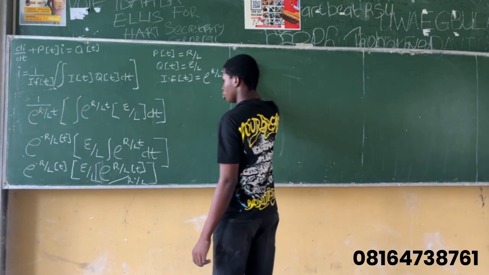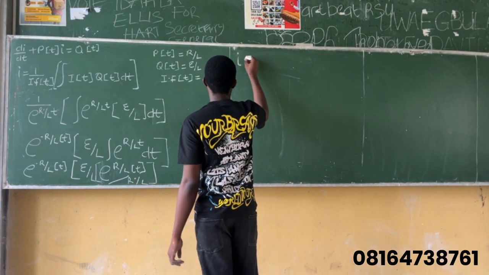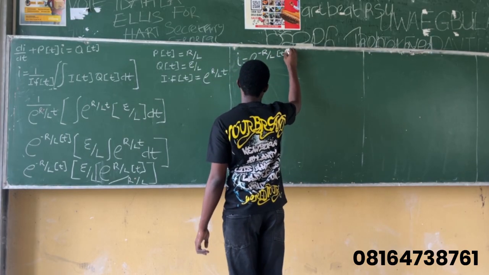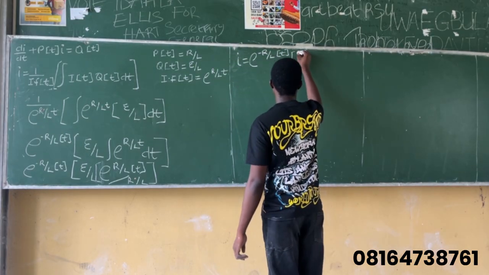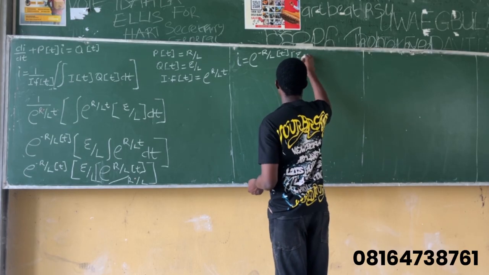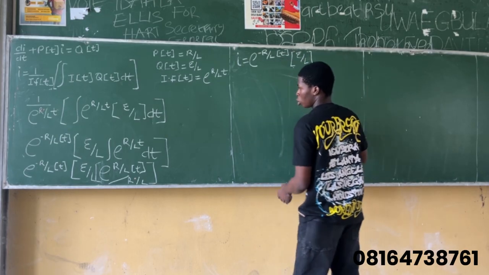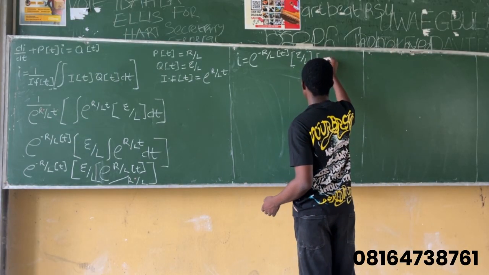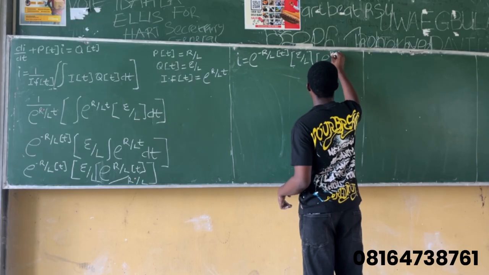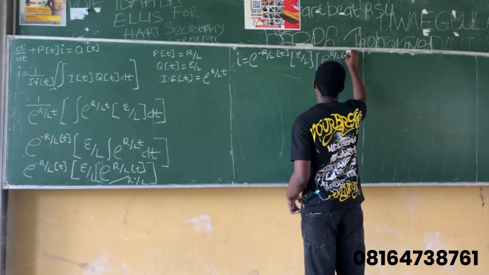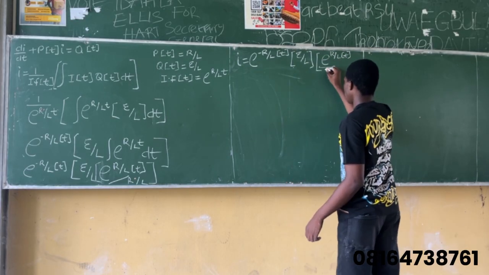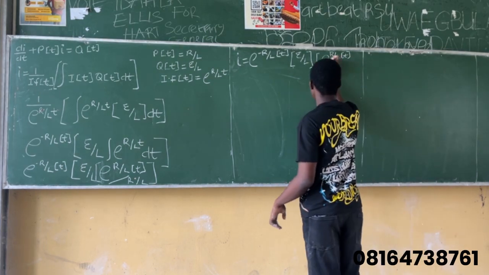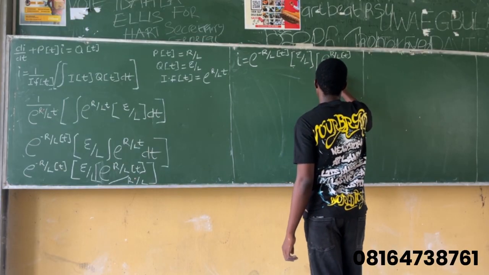So this I is equal to e raised to the power minus R over L t, all in brackets, E over L, is equal to e raised to the power R over L t all divided by R over L, plus c.